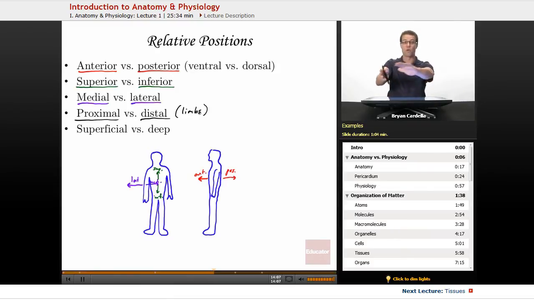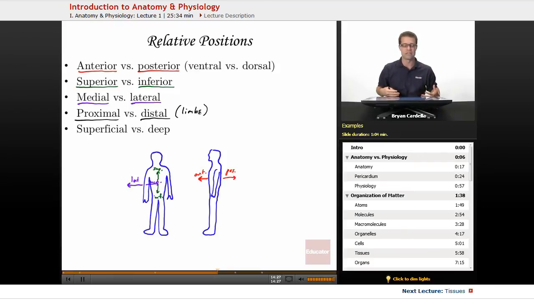Distal means farther away from the trunk of the body. Regardless of where I put my arms, that's the truth. My fingers here are the farthest away from the trunk compared to everything else on the arms or the legs. Proximal is the opposite. I could say that my humerus is proximal to my phalanges, my finger bones. So that's how those work.